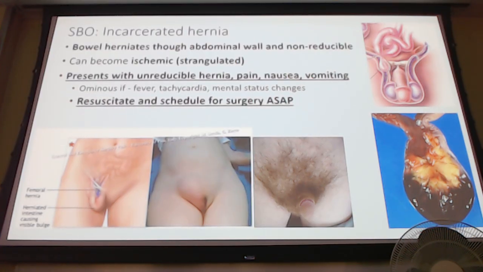Once it becomes strangulated, that blood flow becomes affected, and you become ischemic, and that's when you can perforate. So any patient with unreducible hernias, pain, nausea, vomiting, need to resuscitate and schedule for surgery as soon as possible. We try to make it so we don't get to the strangulated part.